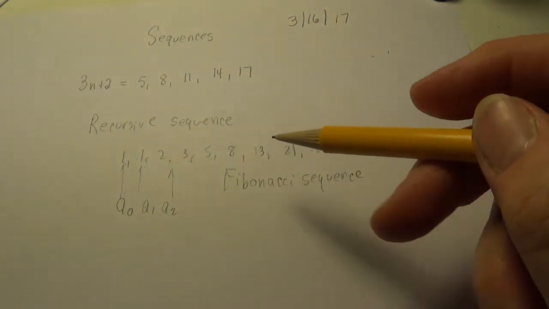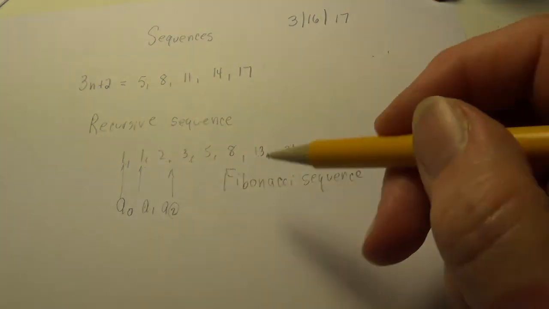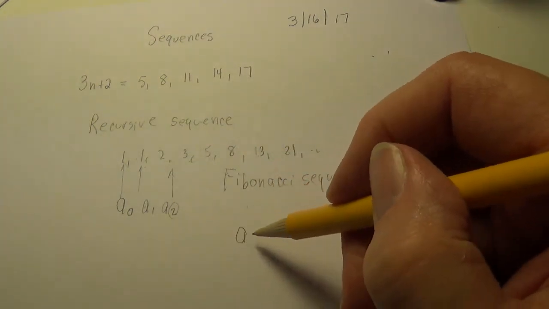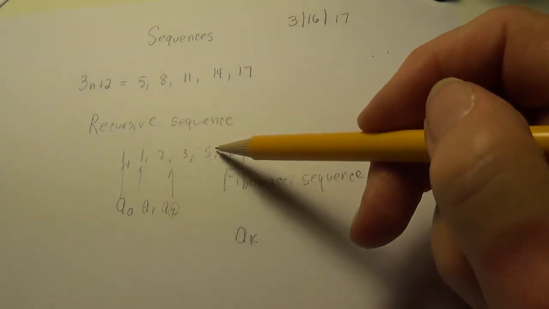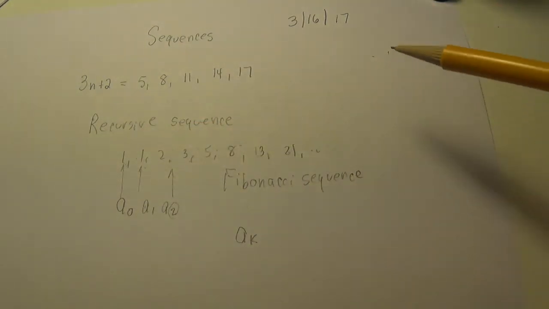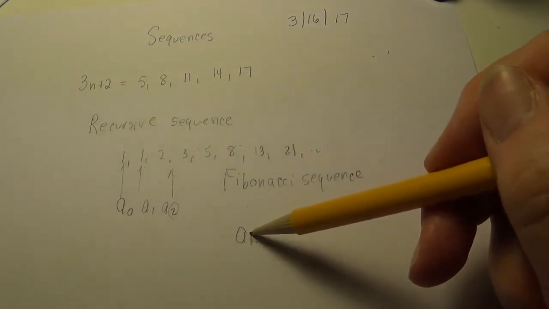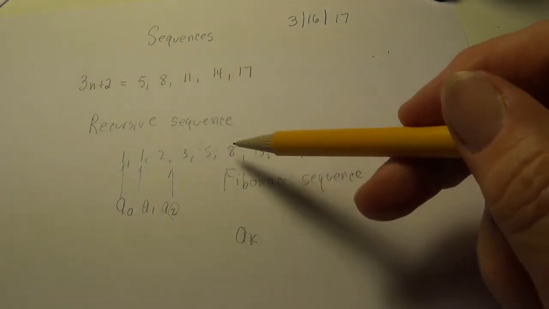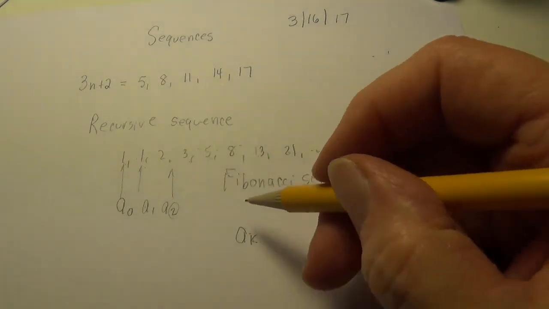So now I'm going to make an unknown out of this, and I'm going to call it a sub k. A sub k could be any one of these terms in the sequence. This means the kth term.